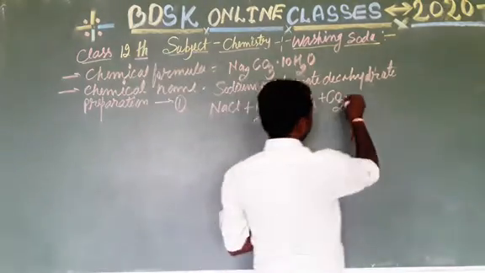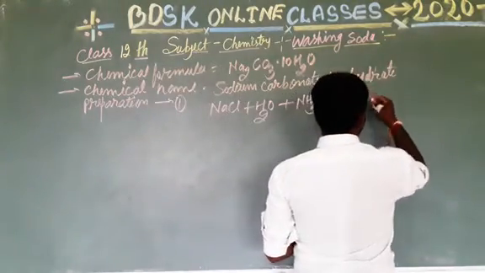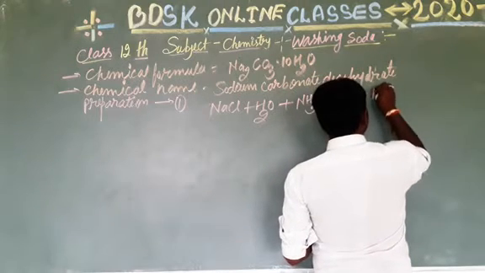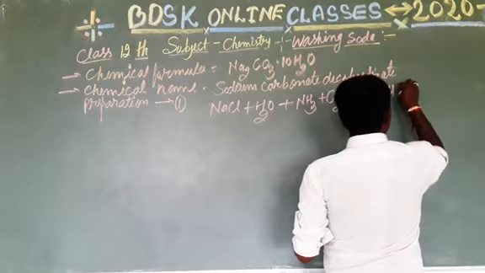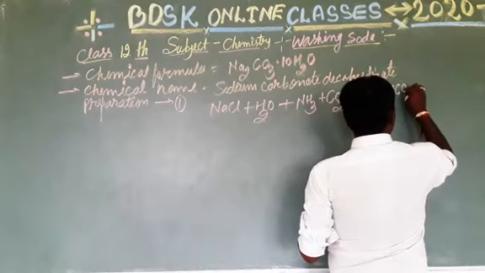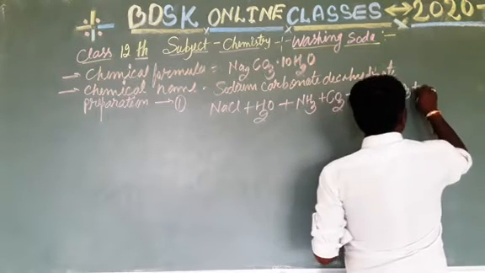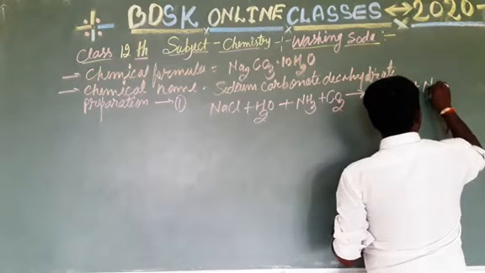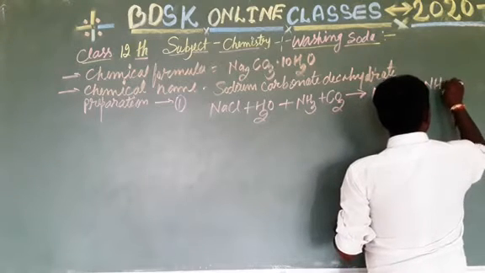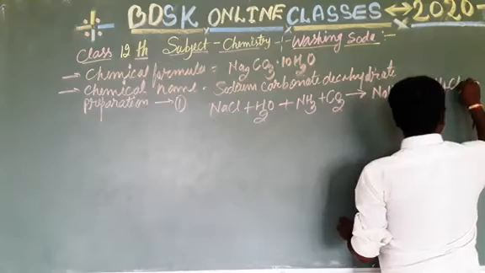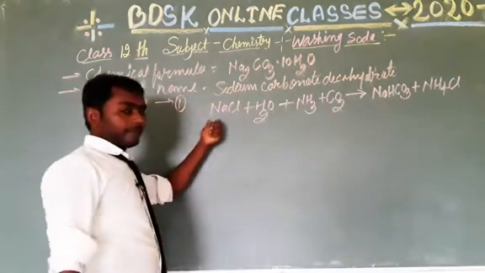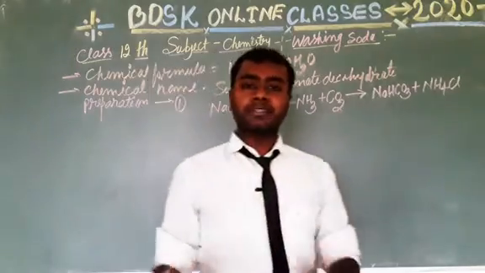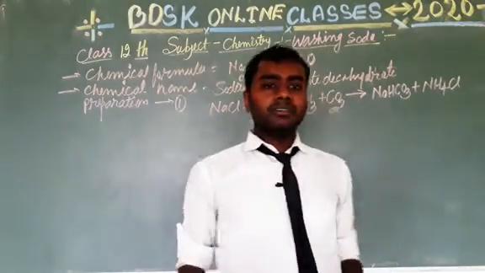It forms sodium hydrogen carbonate and ammonium chloride. This is the first step of preparation of washing soda.